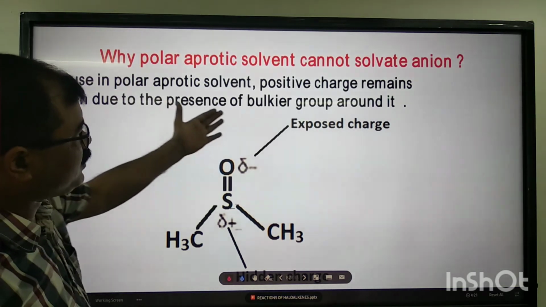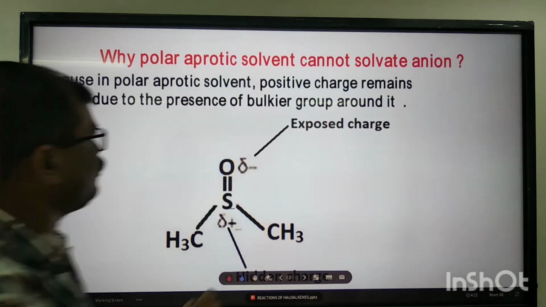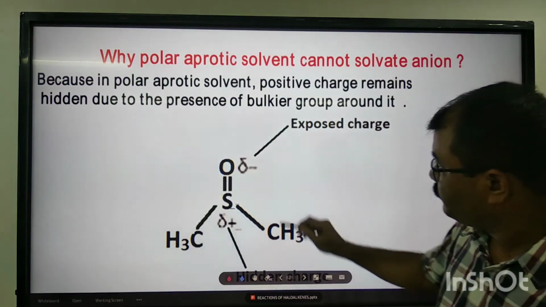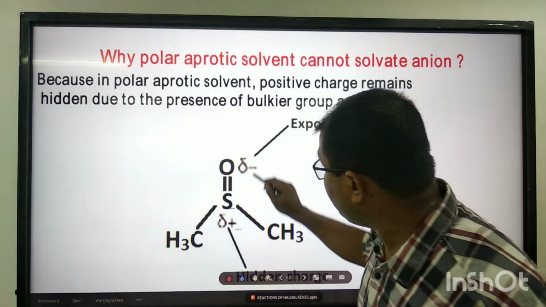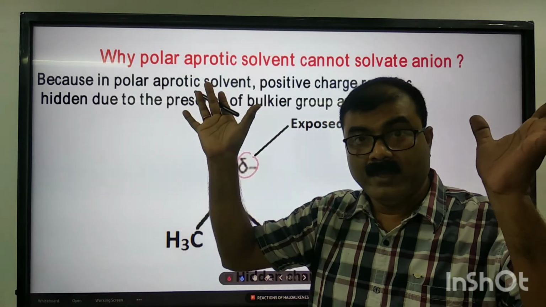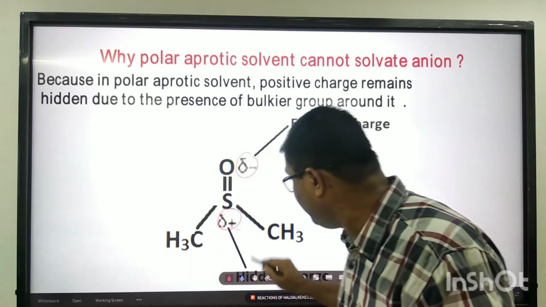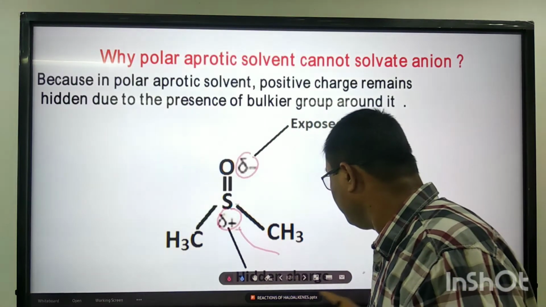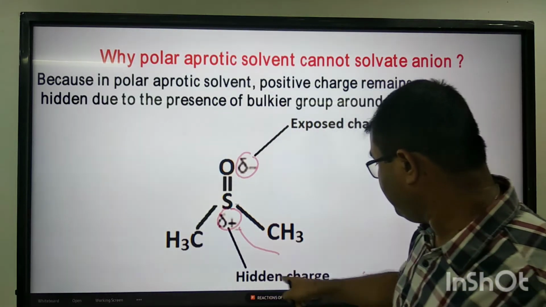Because in polar aprotic solvent, the positive charge remains hidden due to the presence of bulkier groups around it. In polar aprotic solvent, the negative end is always exposed, but the positive end is hidden. This is the hidden charge.